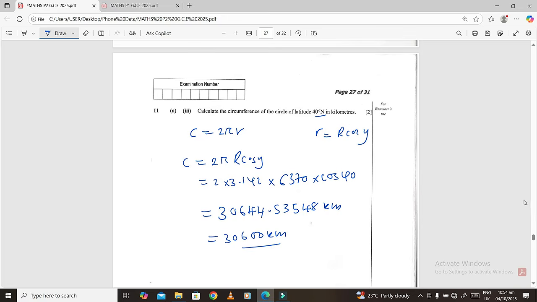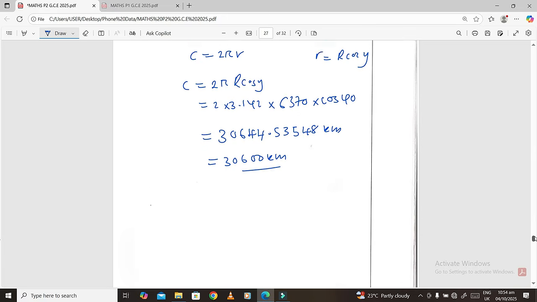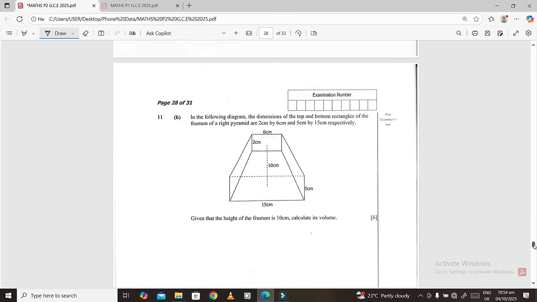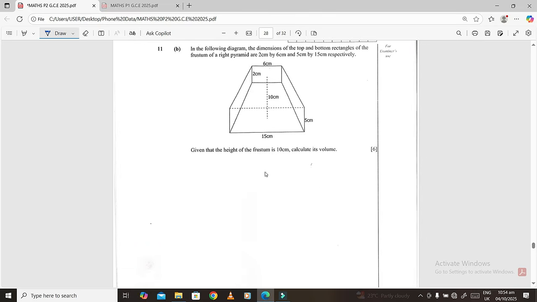So here, the next question is this one. For this question, to find the volume, we are simply going to say volume is equal to 1 over 3 A1 plus A2 plus the square root of the product of A1 and A2, and then H. So what is A1?